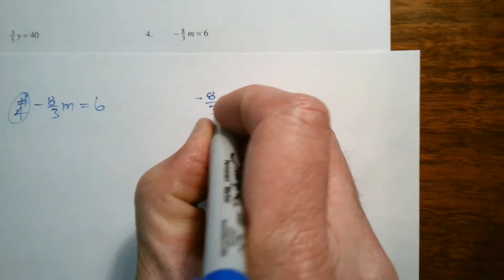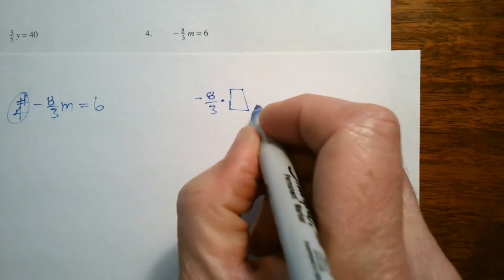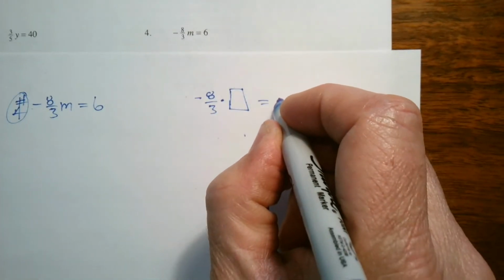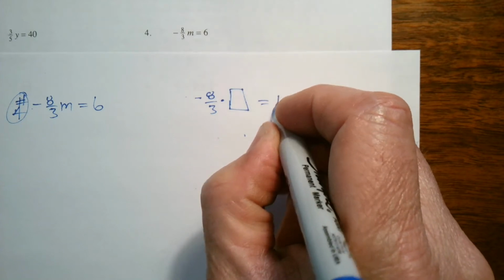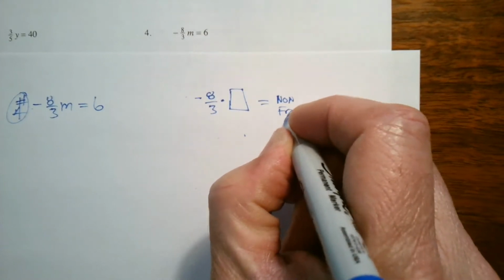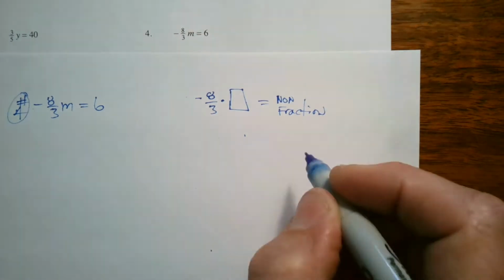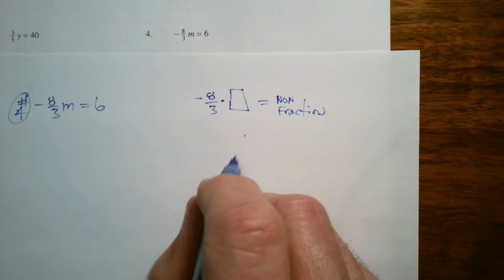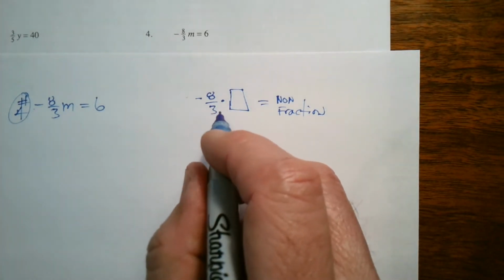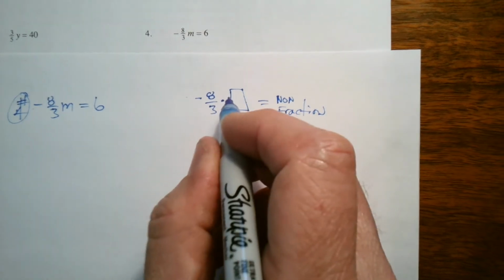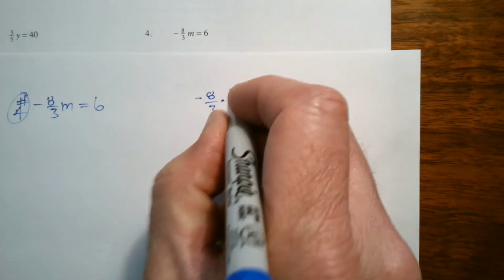So over here, I'll do a little side thought. 8/3 times something is going to make this into an integer, no fraction. The fraction goes away, right? That's the whole idea of busting. What makes a fraction bust is multiplying by its denominator.